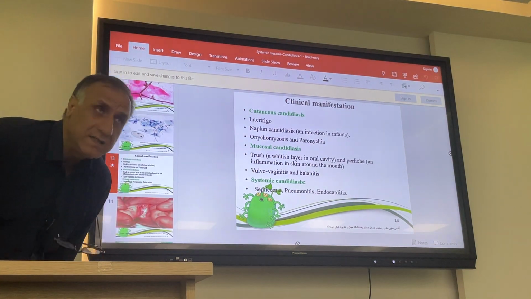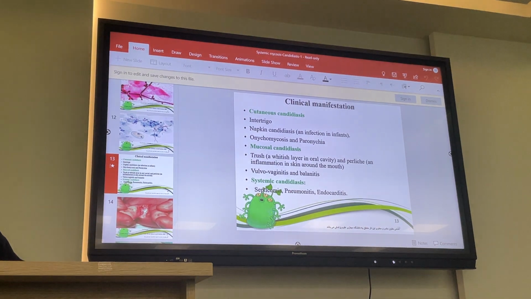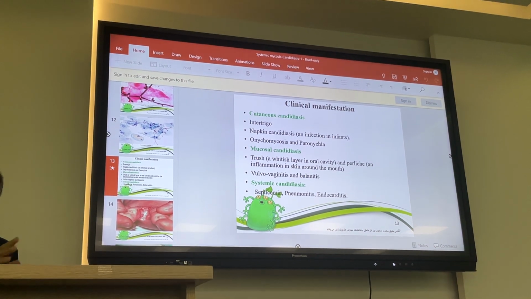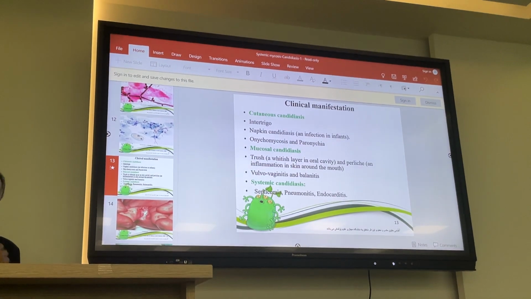For Candida to change from the saprophytic, opportunistic form living in the body to the pathogenic form, it needs some conditions. One of them: all conditions that lead to immunodeficiency, all of them, weakness.